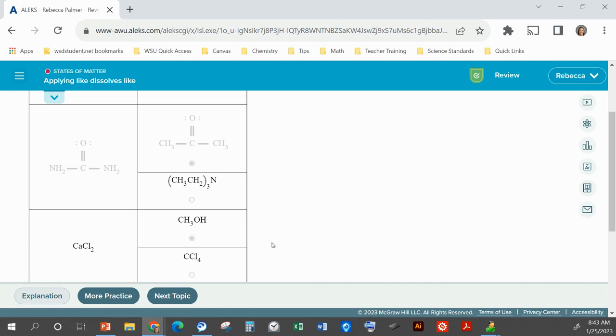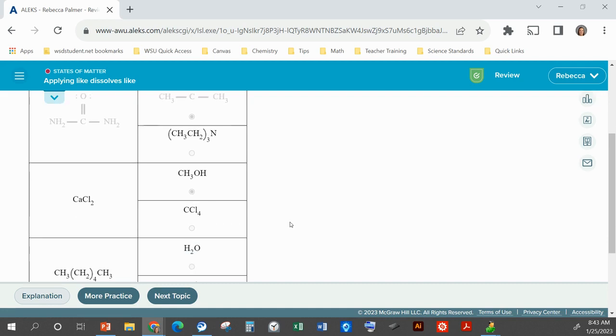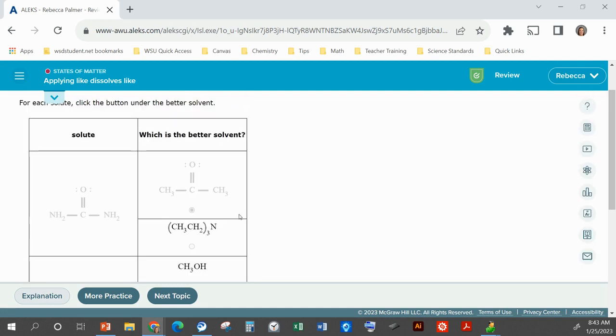The second outcome, the first one, that one's not polar, right? I think it's a little bit polar because we have 3 carbons, 2 carbons, something like this.